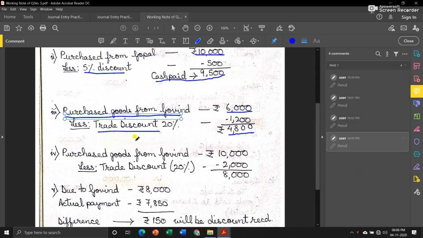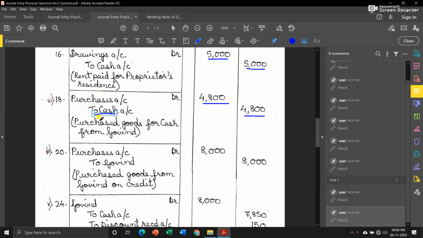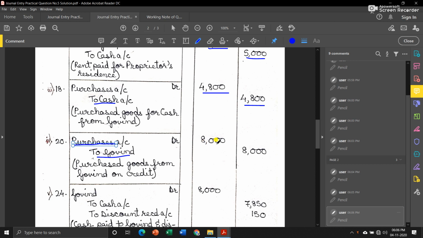So we will see in the working note, purchase goods from Govind worth rupees 10,000 and there is trade discount of 20%. That is 20% of 10,000 is 2,000, so we will directly write 8,000 in our journal. So purchases account debit to Govind 8,000. Okay, I'm not explaining the narrations because it is very easy to write narration in your own words.